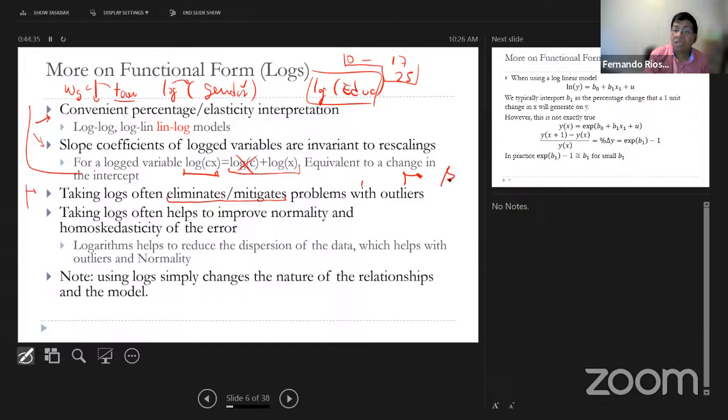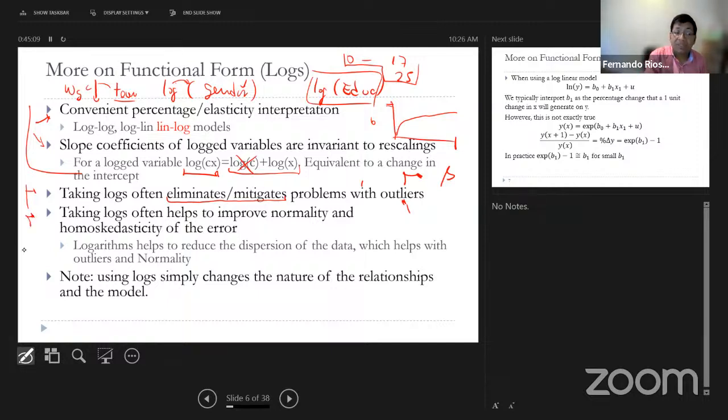However, when you take logs, because you're reducing the dispersion of the data, so if this is the actual data, this is in logs, you will be mitigating how much weight we are giving to the outlier. And the coefficients are going to become more stable, because they will not rely as much on the outlier observation.